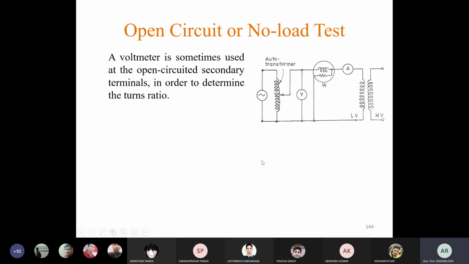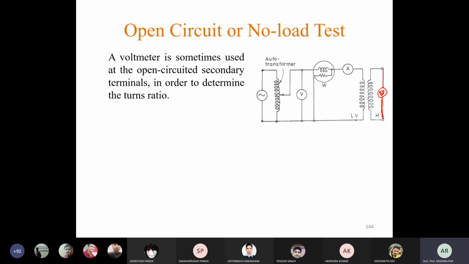So sometimes, as I have mentioned earlier, a voltmeter is connected here. A voltmeter is connected here. So connecting a voltmeter is equivalent to open circuit. So that satisfies this condition. That is, we have to keep this high voltage side open.